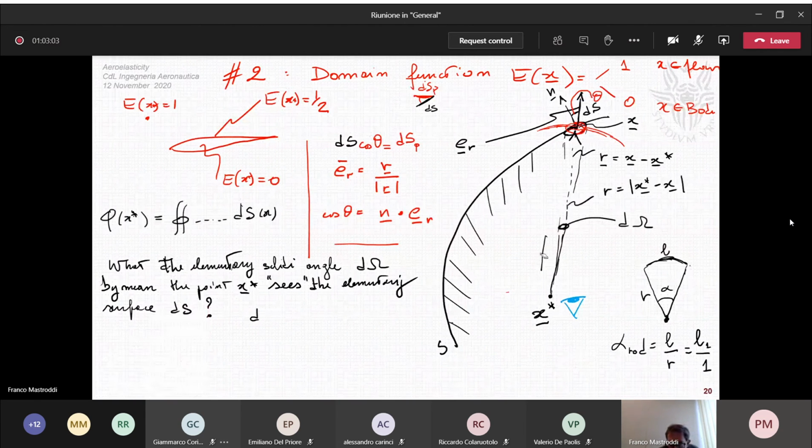You have to consider a sphere with unit radius here, 1, and you consider this ratio d omega, divided by 1 to the power 2, which is 1, of course, just to be parallel.